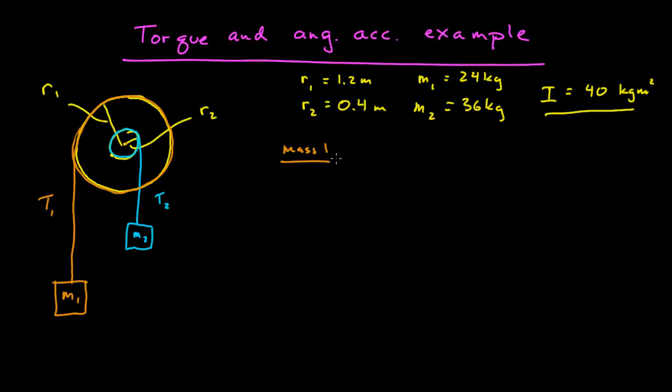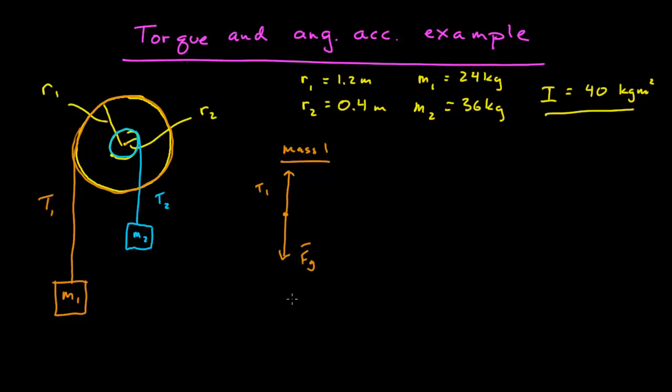And I'm going to look at all the forces on mass 1. What are the forces on mass 1? There's the force due to gravity, that's down, and there's the tension 1 in string 1, and that's up. All right, let's establish a coordinate system.